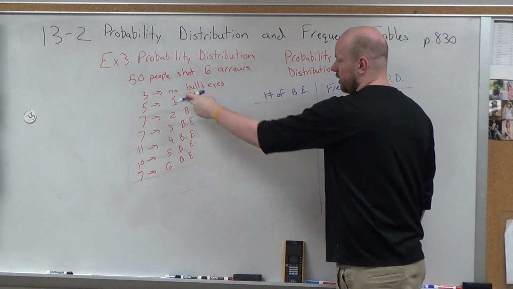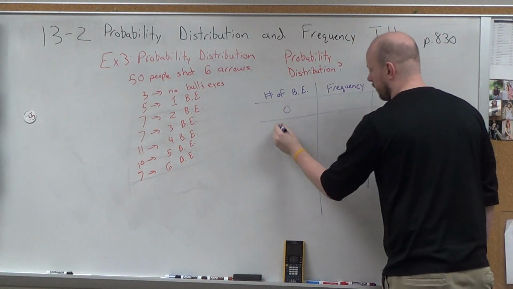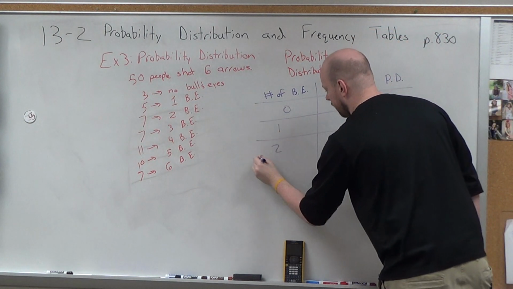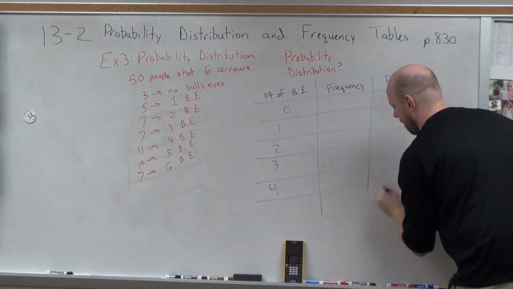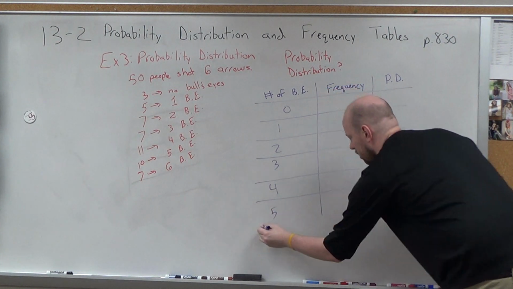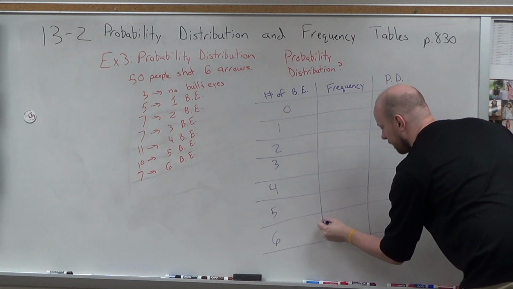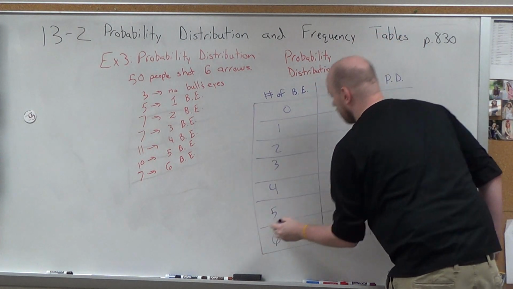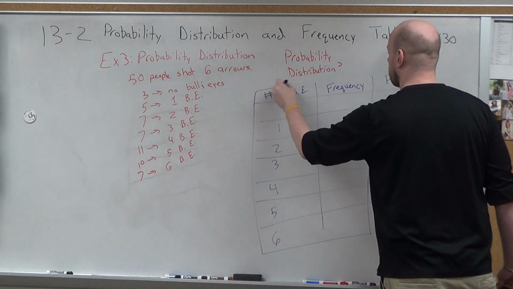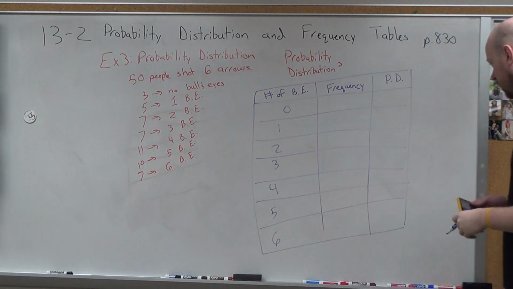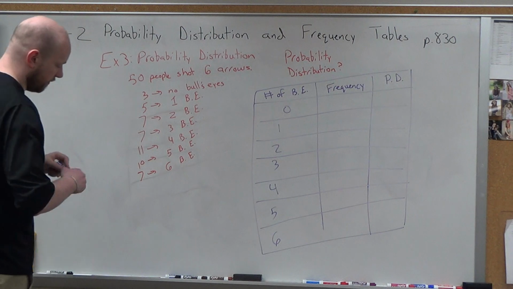Well, we can either hit 0, 1, 2, 3, 4, 5, or 6 bullseyes. Okay. I know my chart's a little crooked. Sorry about it. Now we're going to fill in our information.